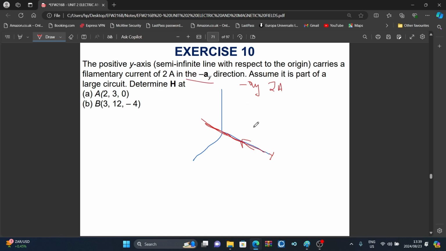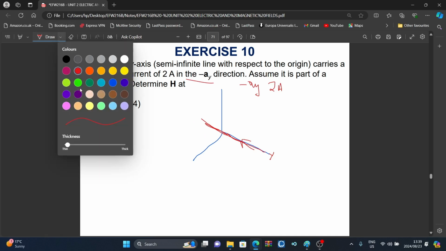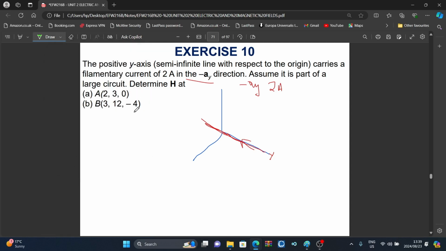That's our current. Now our point should be 3, 12, minus 4. Okay, so we know our x will be 3, y will be 12, then we'll take it down, then our z will be minus 4.